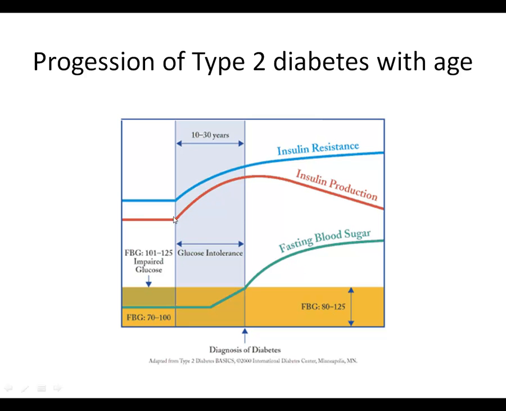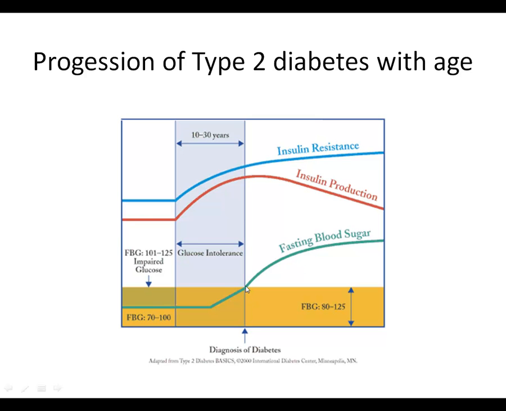And so what you see is actually an increase in the amount of insulin in the bloodstream of diabetics. And this period of time here where you have increased blood sugars and increased insulin levels in the bloodstream is called prediabetes, or also called insulin resistance, a period of insulin resistance.